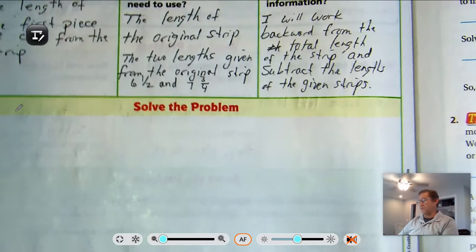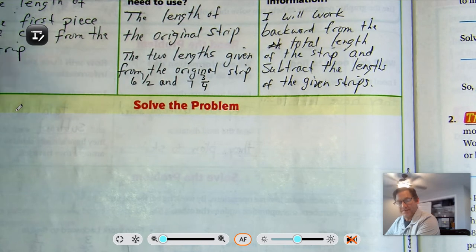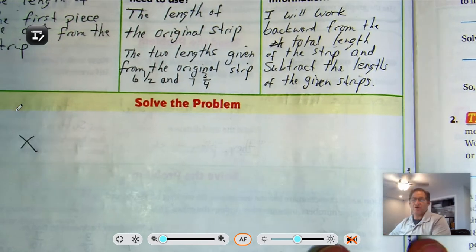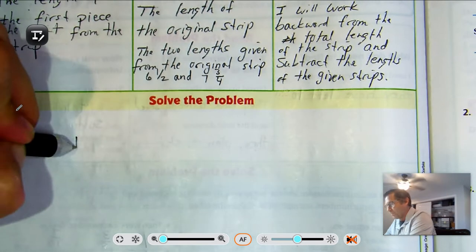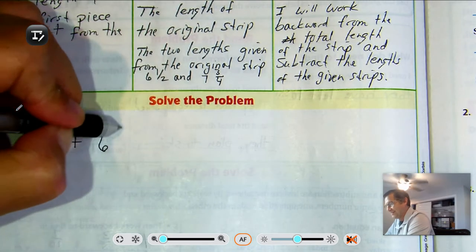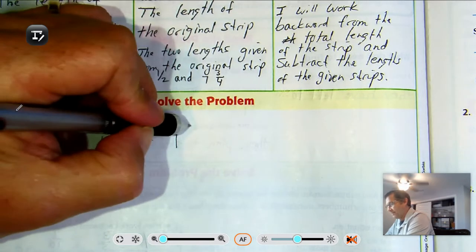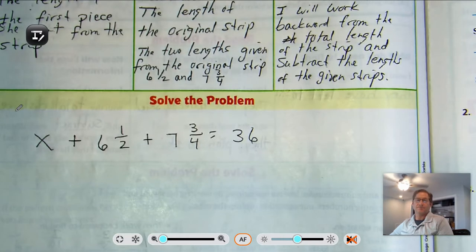Okay, so what's that going to look like? Well, we have 36, the total. So we have our first cut. We can call that X, we can call it N, whatever you want. Plus her second cut, which was 6.5 inches, plus what was left has to equal 36.